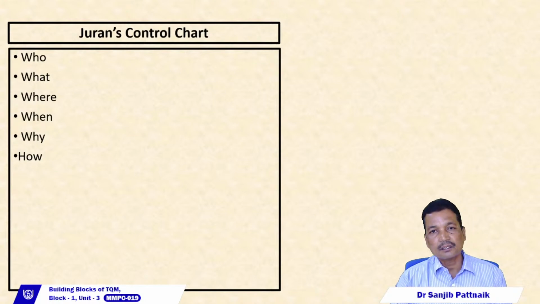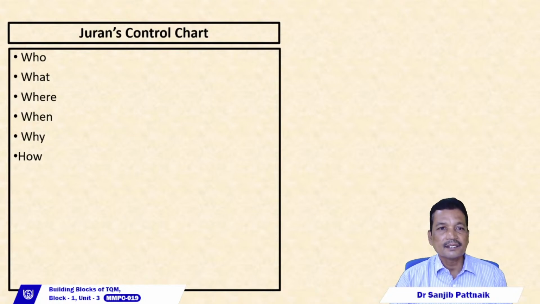Second is what. What is the worker doing? What else could he have done? What is to be done now? Where? Where is the worker working? Where else can the work be carried out? Where should it be carried out if the original place is not available?